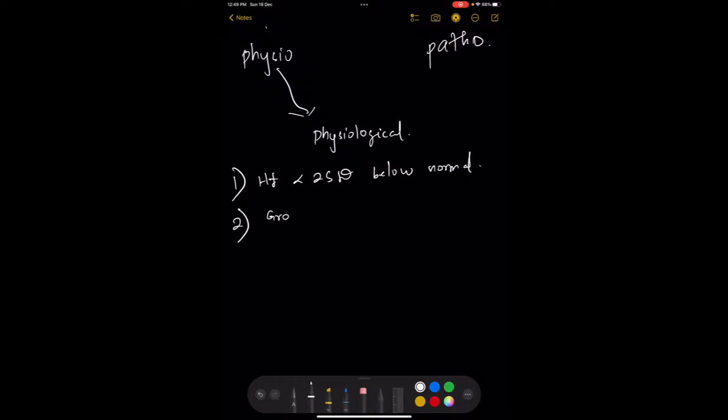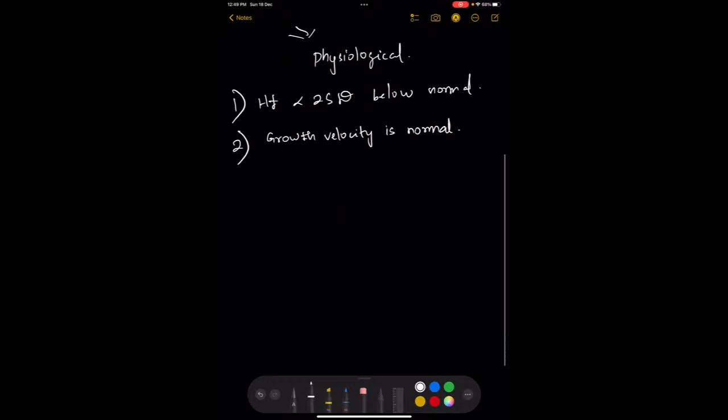Growth velocity being normal means that the growth is normal here, but due to genetics and family history, the patients are short.